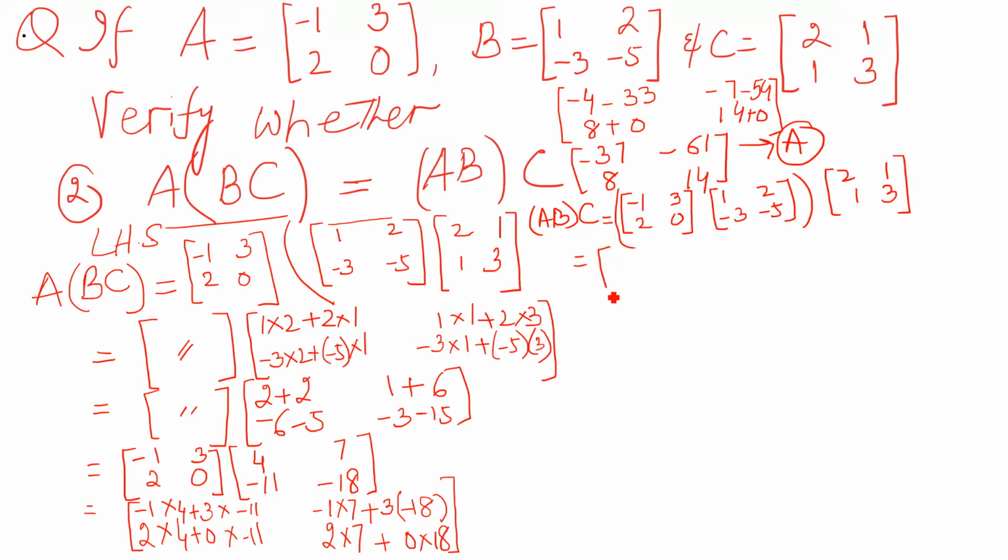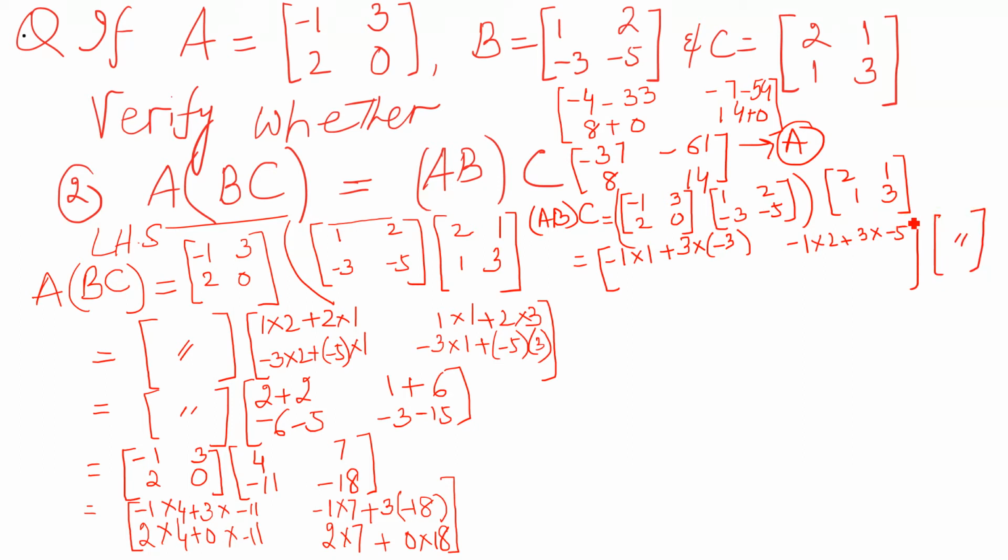We have to multiply: negative 1 multiplied by 1 plus 3 multiplied by negative 3, and then minus 1 multiplied by 2 plus 3 multiplied by minus 5, and C will remain the same.